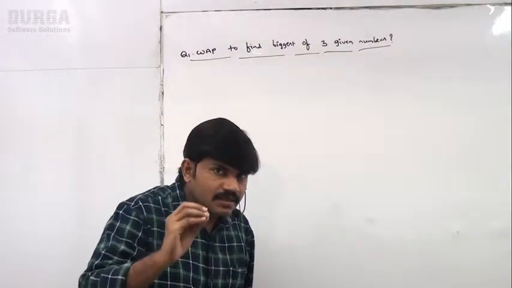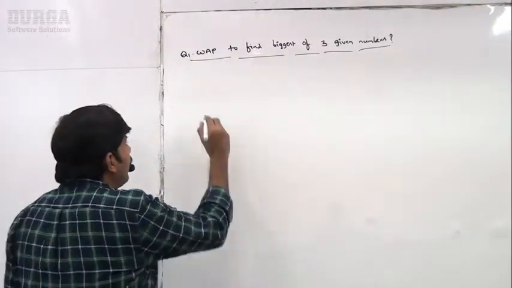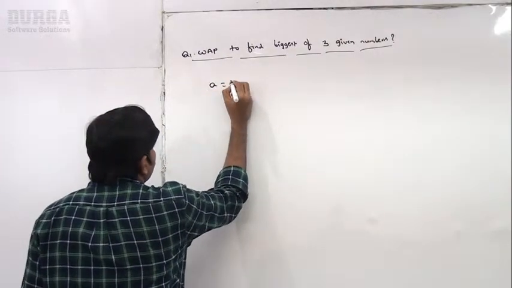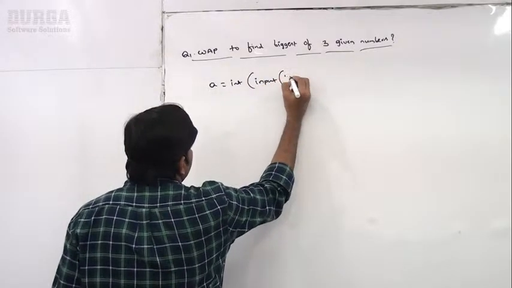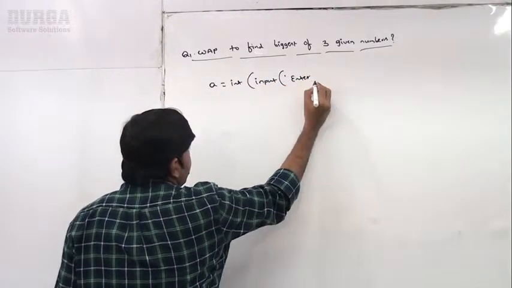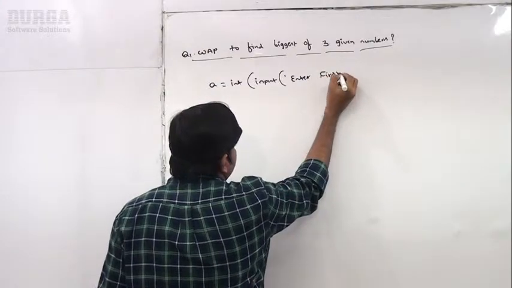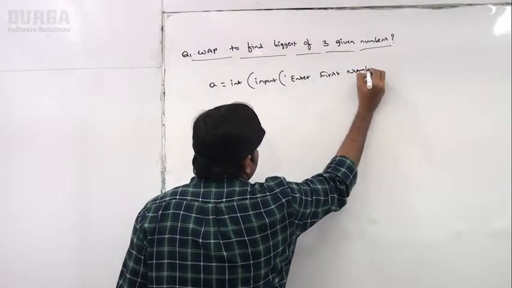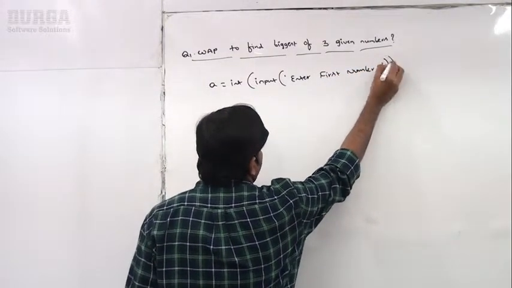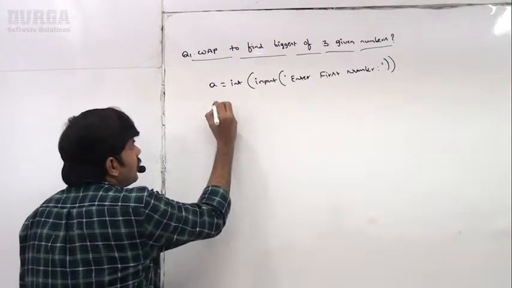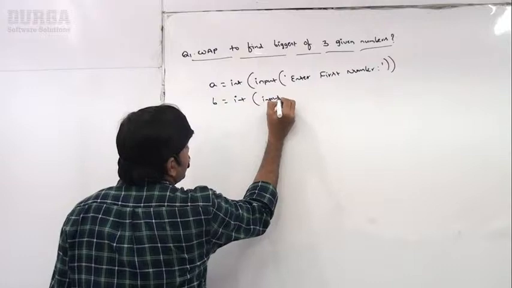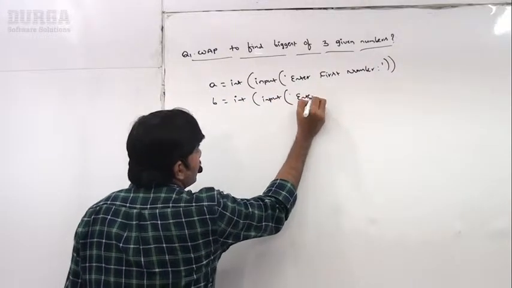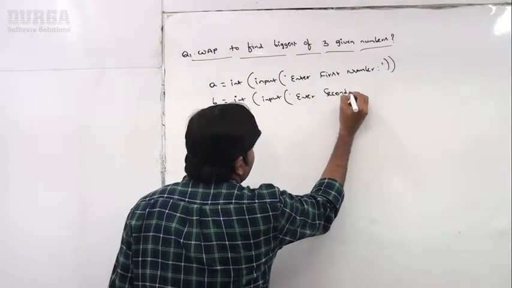First, read the 3 numbers from the keyboard. a is equal to int of input of "enter first number". Are you getting it? Enter first number, like this I'm taking, sir. This is the first number. Next, b is equal to int of input of "enter second number".